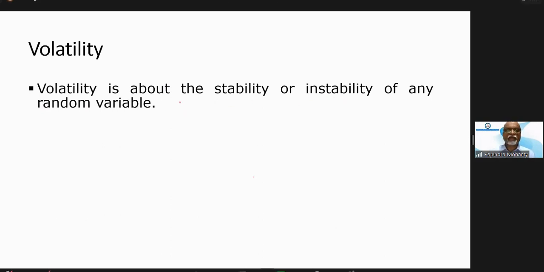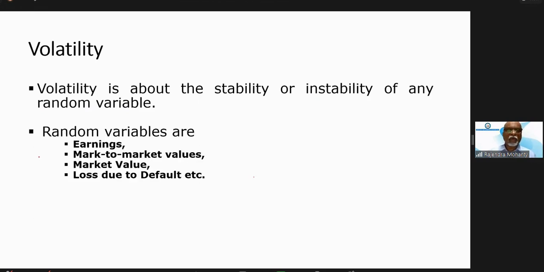Volatility is about the stability or instability of any random variable, however it is changing in the market. That is calculated through volatility.